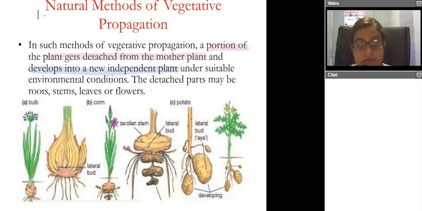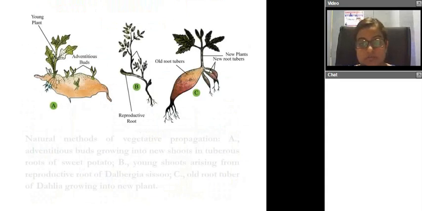It requires suitable environmental conditions for this purpose. The detached part may be roots, stems, leaves, or flowers. This is vegetative propagation.